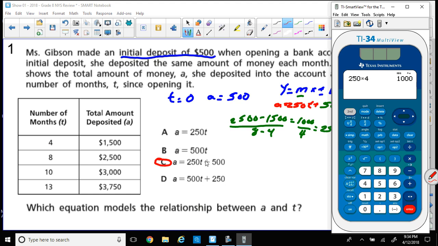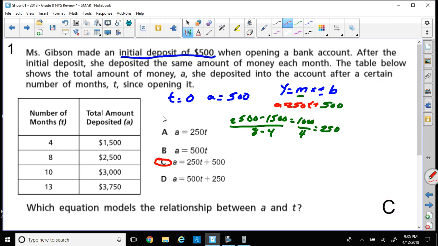Let's go down to choice C. 250 is the amount times the T amount in time, which would be, say, let's try 8 months that she put the money in, and add $500, which was the initial, and that should equal 2,500. So let's see if it does. Yes, it does. So again, that's why our answer C would be the best choice. So if you said C, you got it. All right, let's move on.